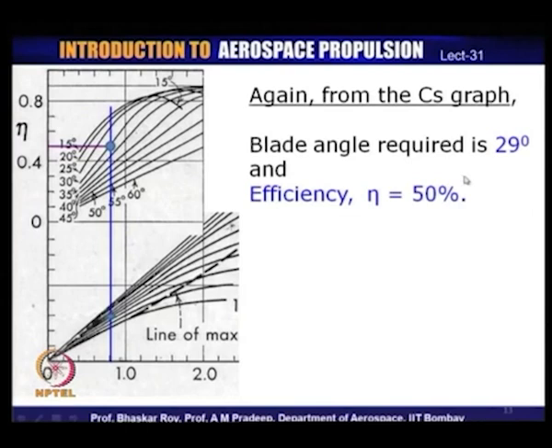When you are flying here, you should be at a blade setting angle of 29 degrees with an efficiency of 50%. At this value of J, which is representative of a low flying condition, the blade setting angle is 29 degrees, where the efficiency is rather poor. It is only 50%, which is a very low efficiency of operation.